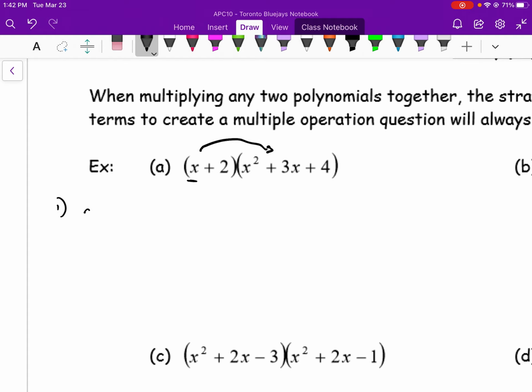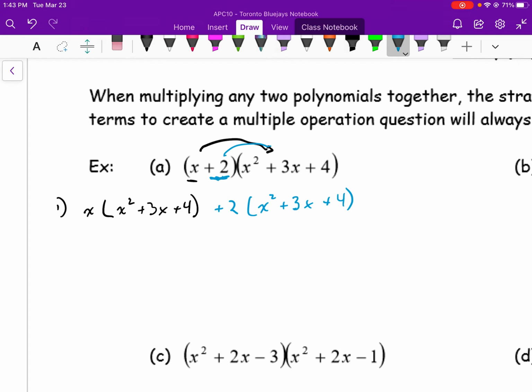So you'd go x times x squared plus 3x plus 4. And then you would take this second term, which is positive 2, and multiply it by the whole polynomial, x squared plus 3x plus 4. And when you multiply these out, you hopefully will arrive at the solution.